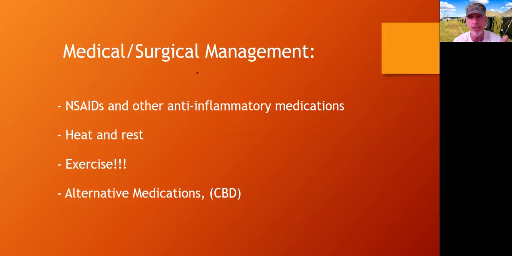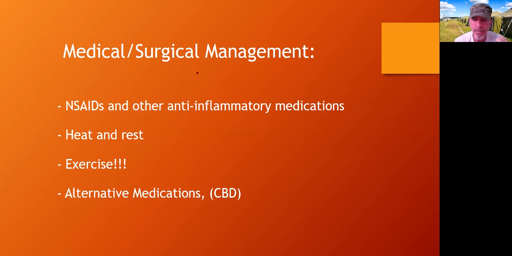Other alternative medications, I've had really good luck with chondroitin and MSM. That is a natural supplement that's supposed to help with the lubrication of the joints. I've had pretty good luck with it myself.